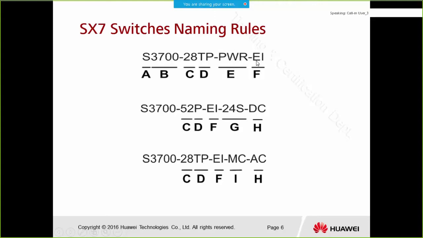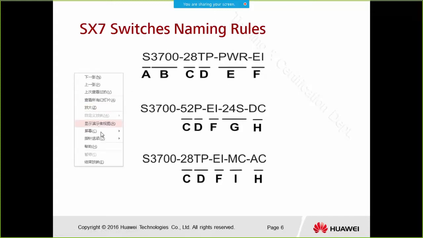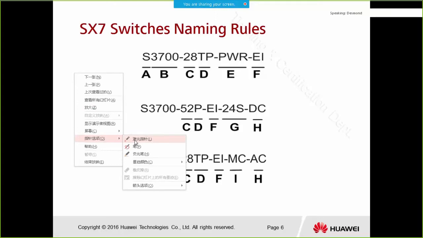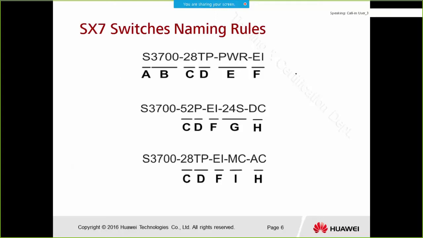Finally, this EI means the performance of the switch. For the switch, we have 4 types of performance. The lowest performance is LI, meaning lightweight version. Then SI means standard version.